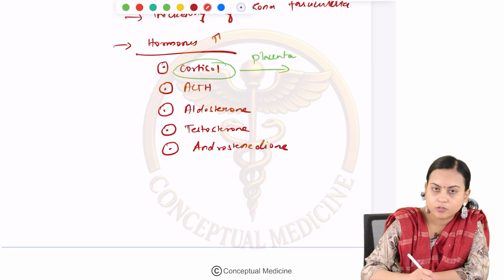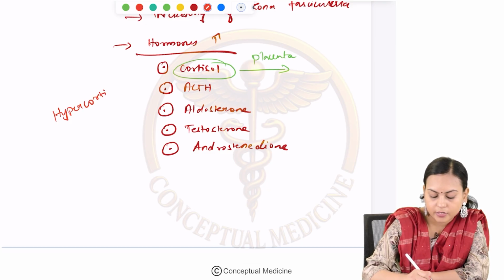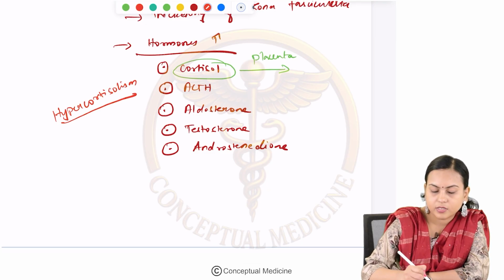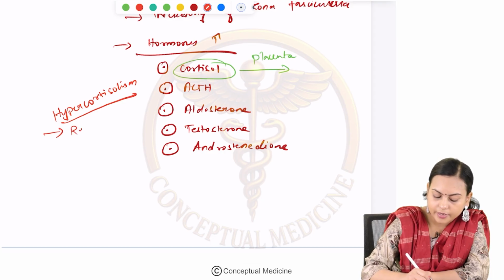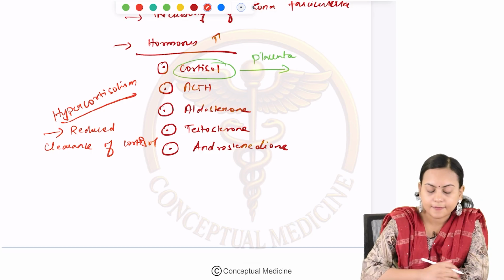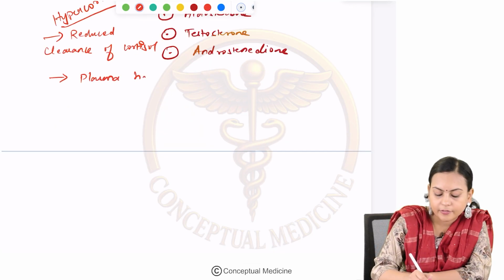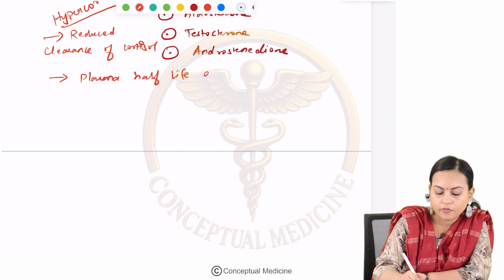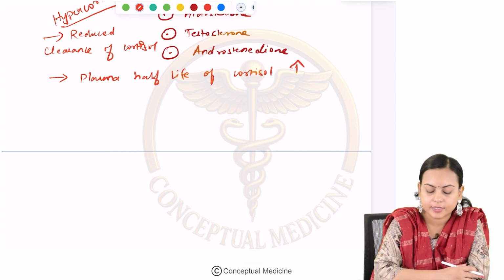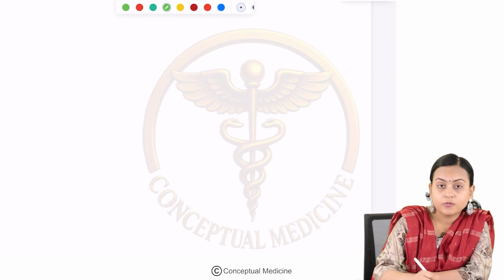So, pregnancy can also be considered as a state of hypercortisolism because there is reduced clearance of cortisol in pregnancy. Plasma half-life of cortisol also is increased. A few words on parathyroid gland also.